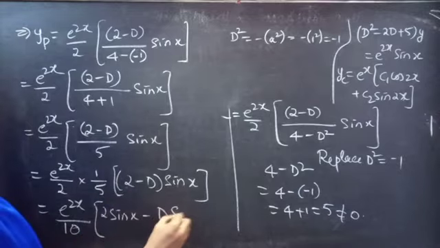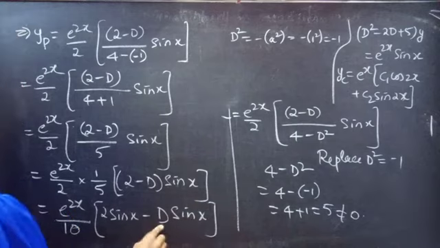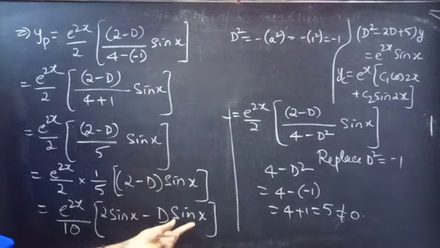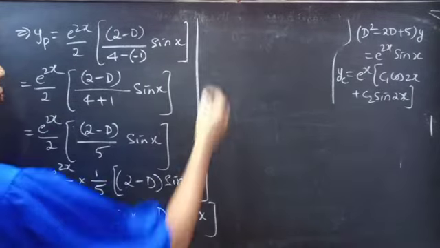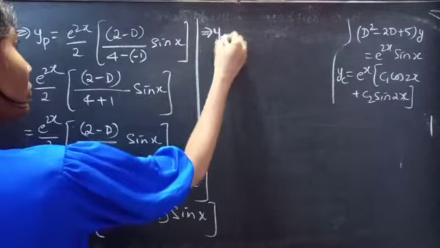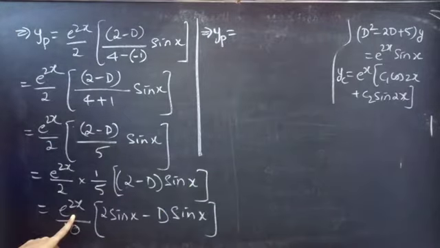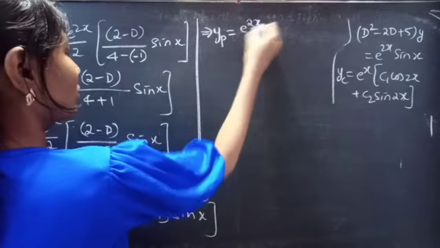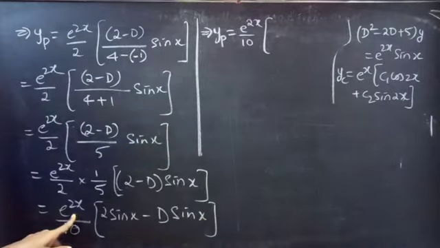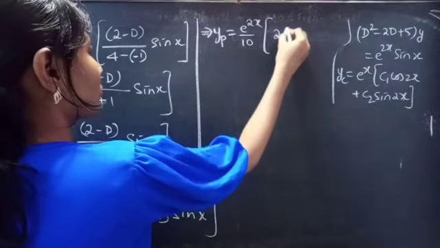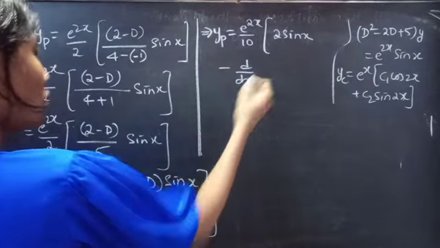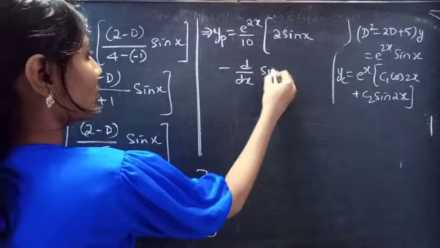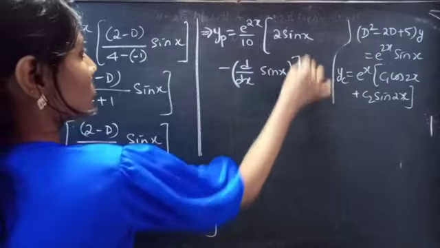minus D sin x. Since D being differential operator, in the next step we need to find derivative of sin x with respect to x. Now y_p becomes e^(2x)/10 into 2 sin x minus derivative of sin x with respect to x.